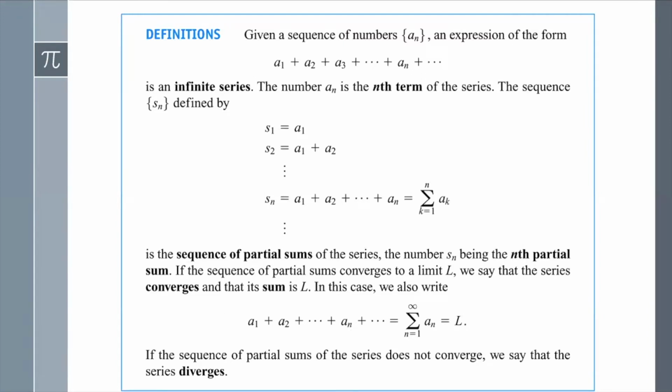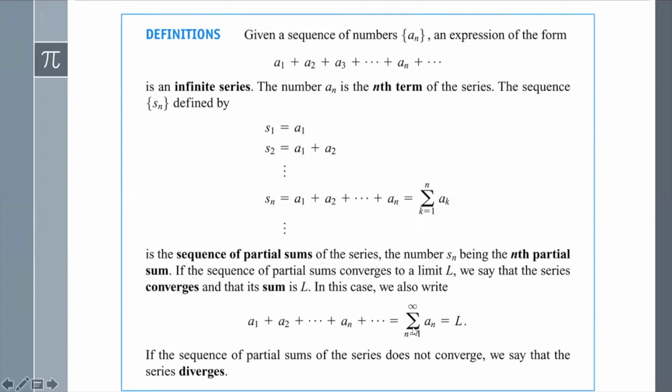If the sequence of partial sums converges to a limit L, we say that the series converges and that its sum is L.